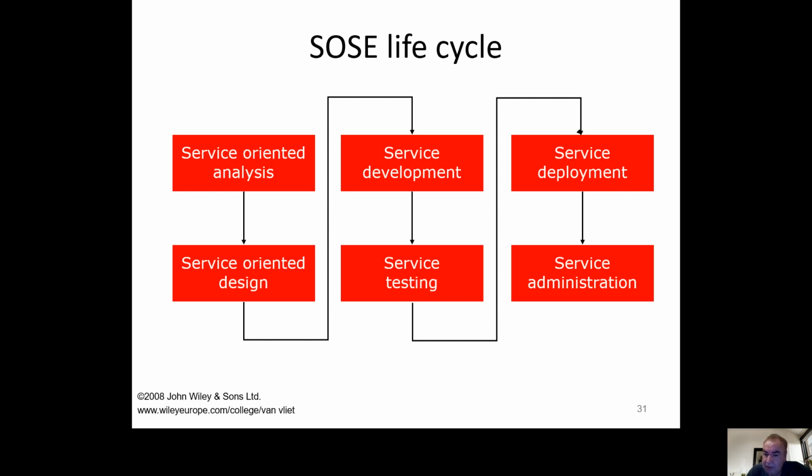I need payments, I need requirements, I need login, I need search. How many of them are out there available? Because I want to go steal, beg, and borrow. I don't want to do it myself. Okay, that's the first thing. Then I'm going to do service-oriented design. Now that I know these pieces are there, I'm going to design my system using other people's parts. Then I'm going to do service development.